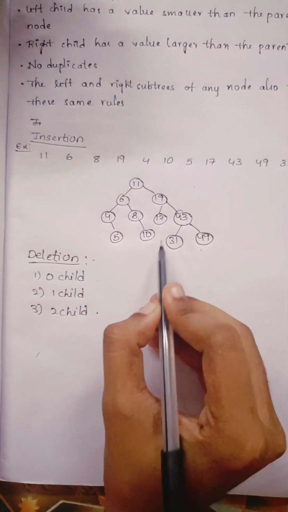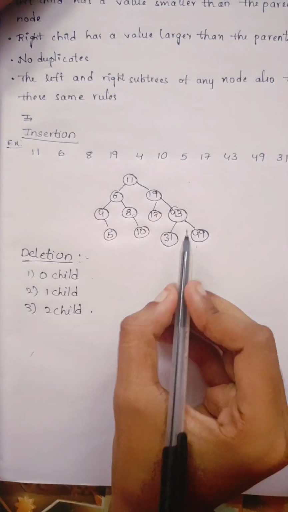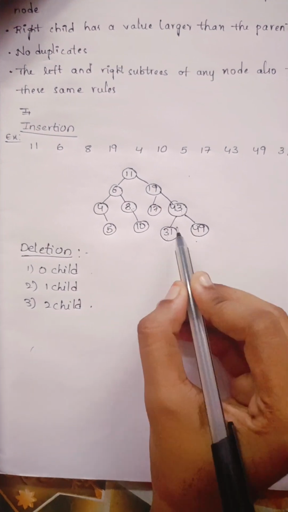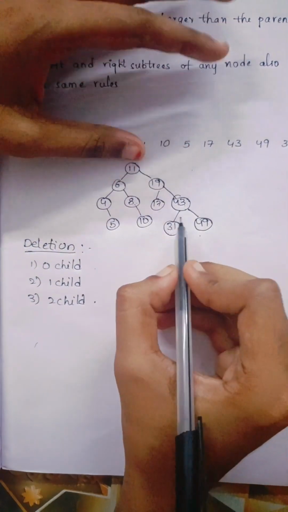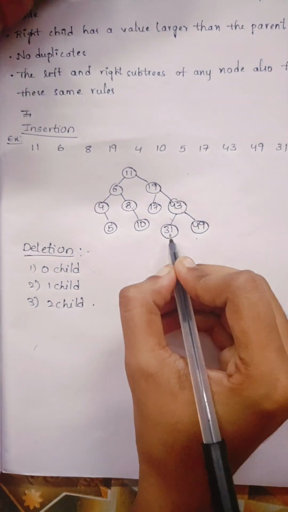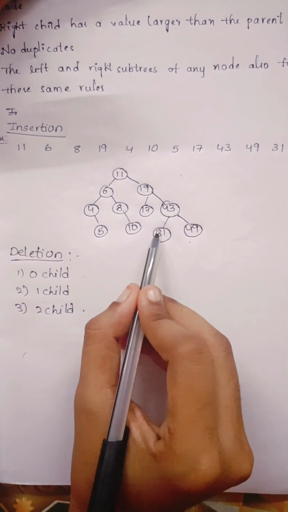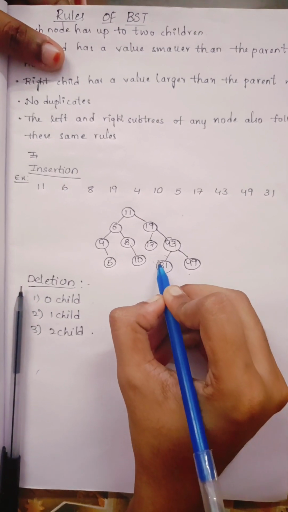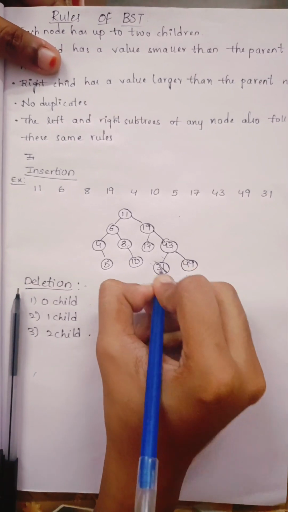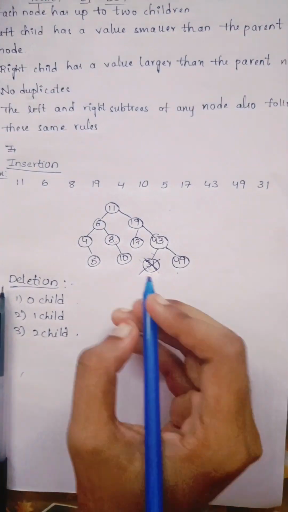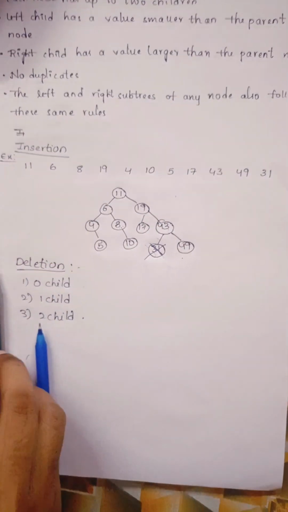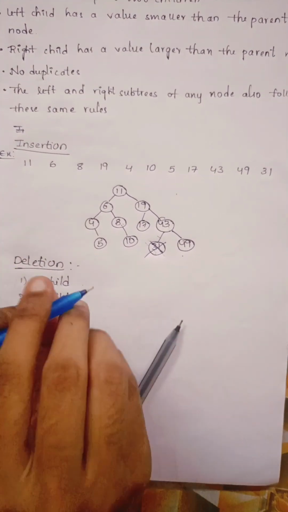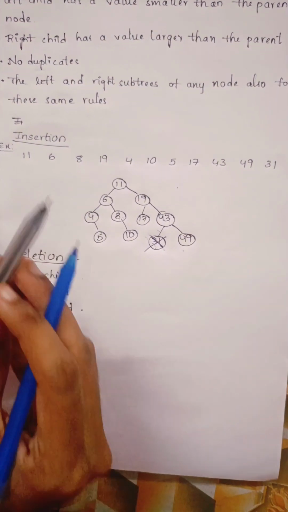A leaf node is directly disconnected from the parent node. That means 31 is a leaf of 43 and it is freed from 43, and here there is no node. So 31 is directly deleted and it is freed from this tree. And for 1 child, let us see this one, 4 and 5.